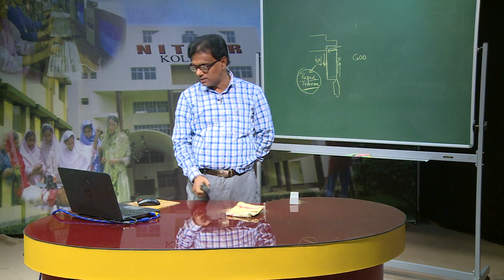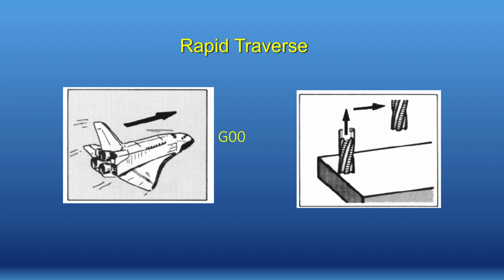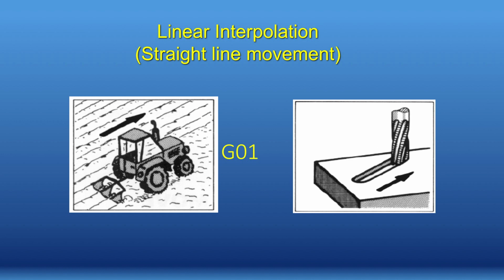Here you will see a lathe machine, and a similar picture for the milling tool. When it is away from the job, it can go at a higher velocity.